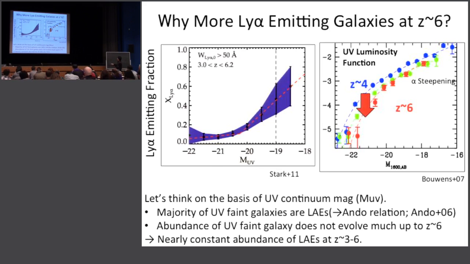This is UV magnitude as a function of the number density. And yes, the number density from redshift 4 to 6 decreases. However, towards high z, the faint-end slope alpha is steepening, right? So in other words, there is not much decrease of the intrinsically faint, continuum faint population.